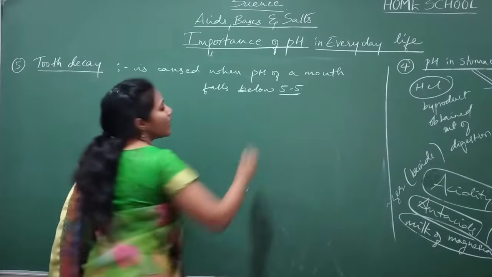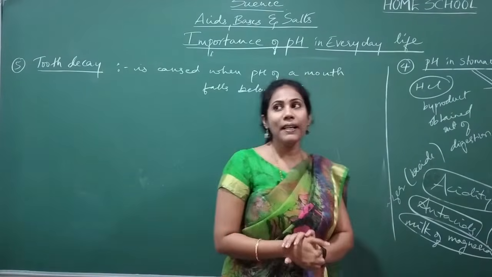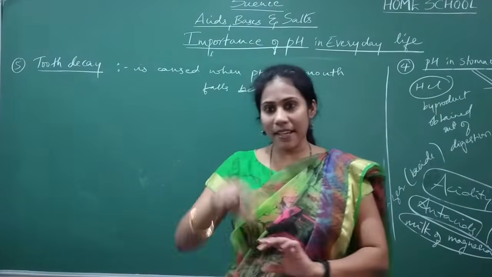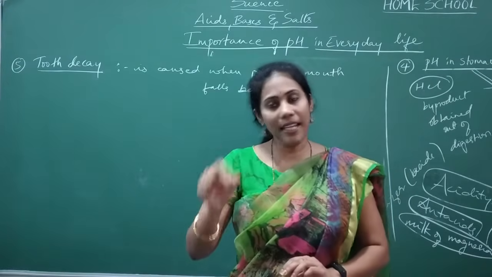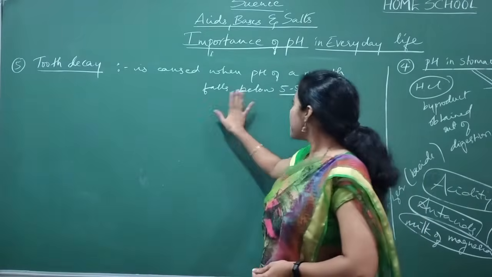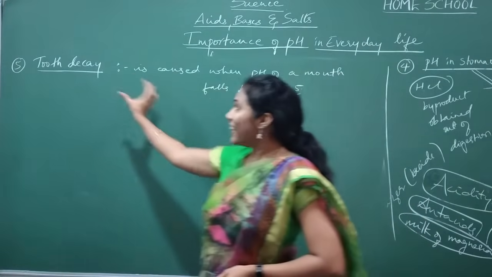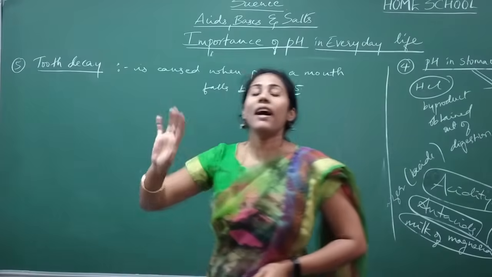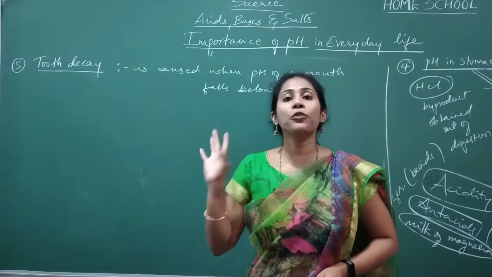Usually the pH of the mouth is above 6, slightly acidic only, in the 6 to 7 range. But if the pH becomes below 5.5, then slowly tooth decay occurs. Spoiling of the tooth occurs.